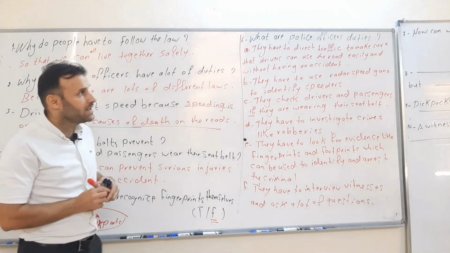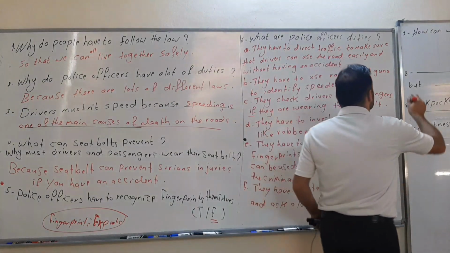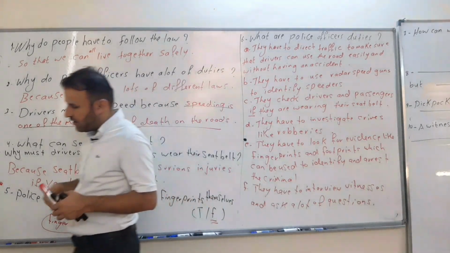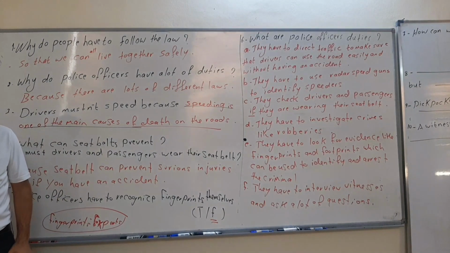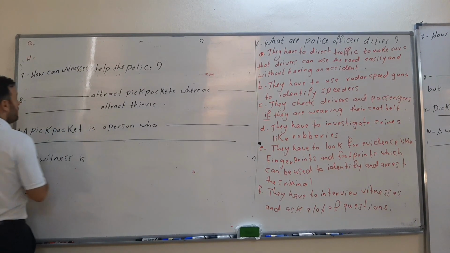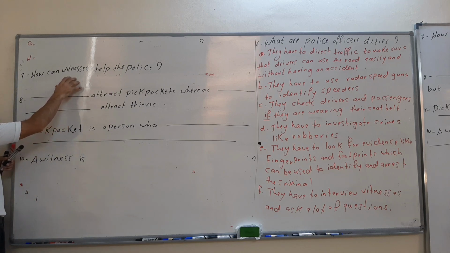But we have another point: how can witnesses help the police? We have the word witness. It's singular, but if we add es, it's going to be plural.